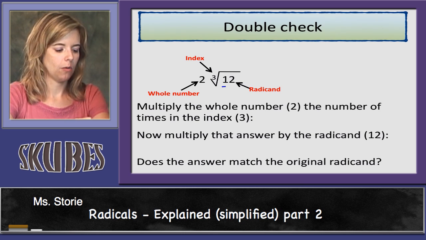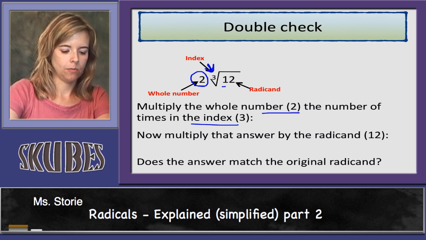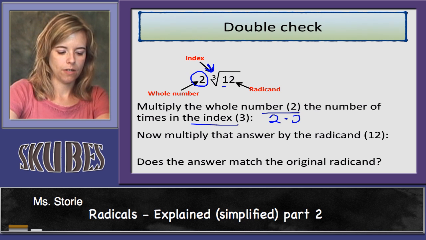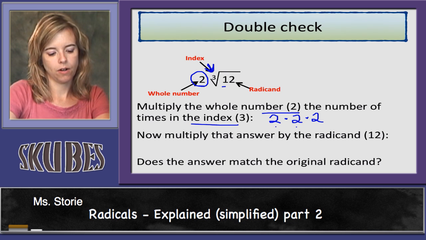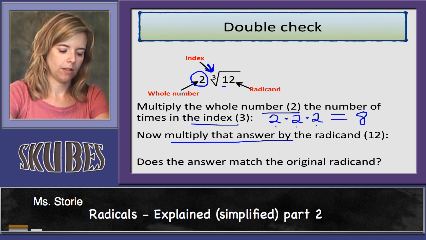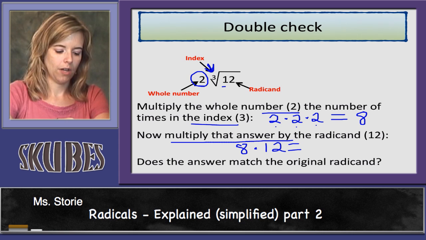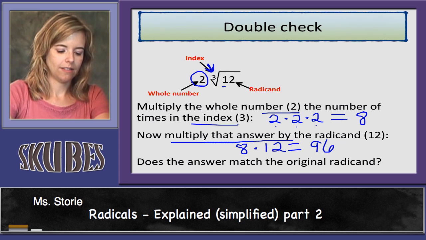Okay, we start with our whole number, which is 2. Multiply your whole number 2 the number of times in the index. Remember the index is that teeny tiny number? So it says multiply 2 3 times in a row. So you're going to take 2 times 2 is 4 times 2 is 8. Now you have to multiply that number 8 times 12, and we are hoping that it's going to equal 96.